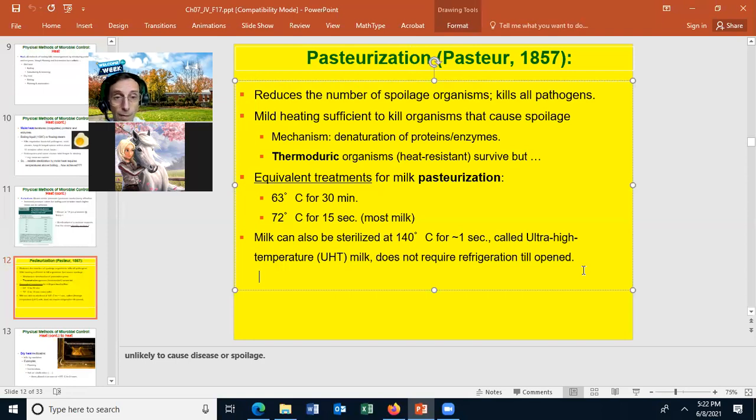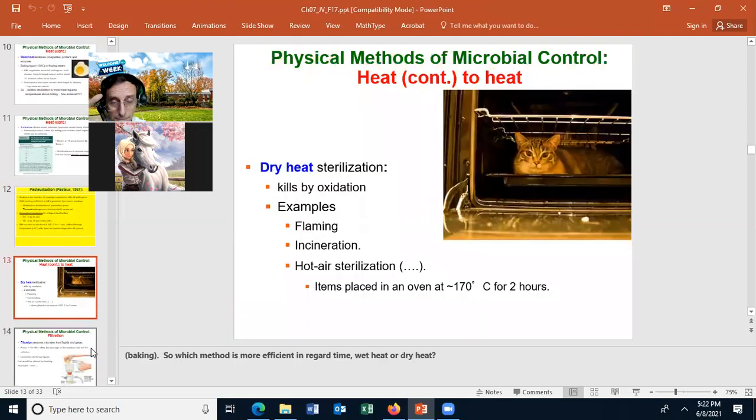All right. The point is that liquid heat is pretty effective at treating items or sterilizing items.